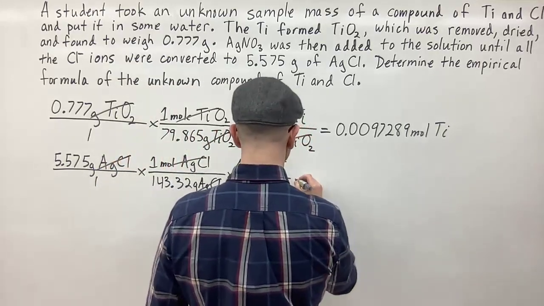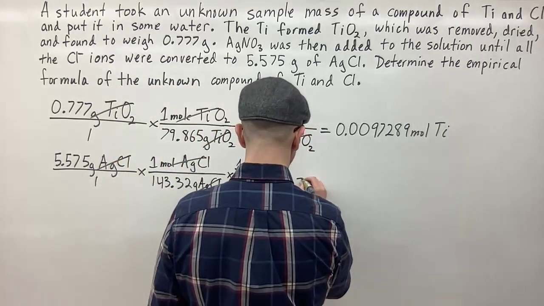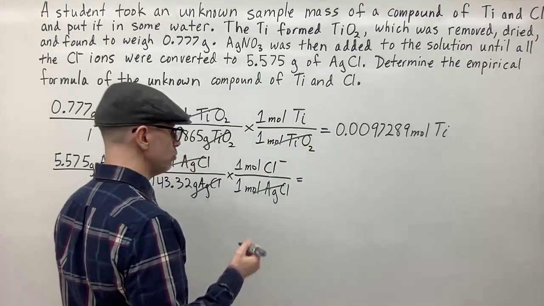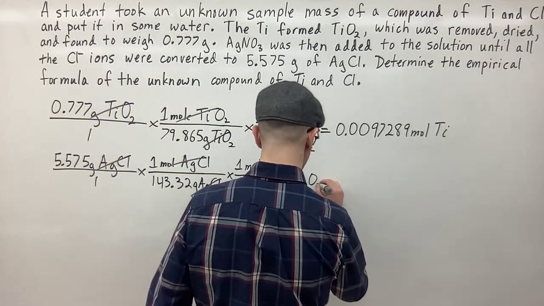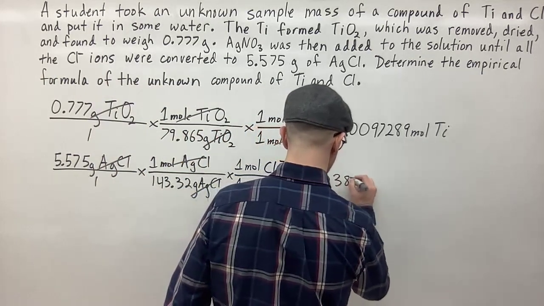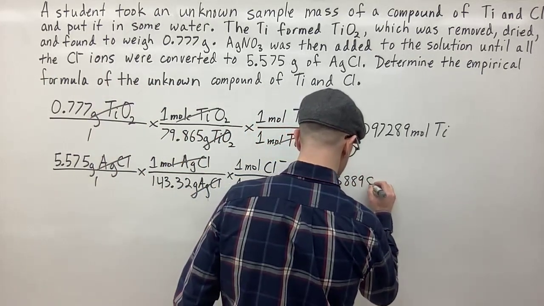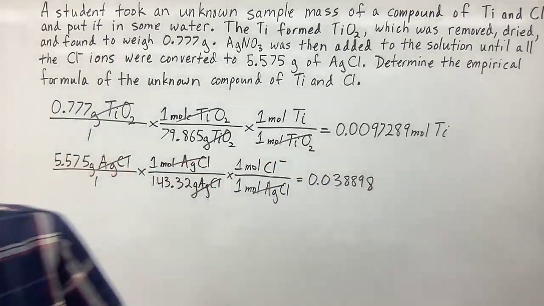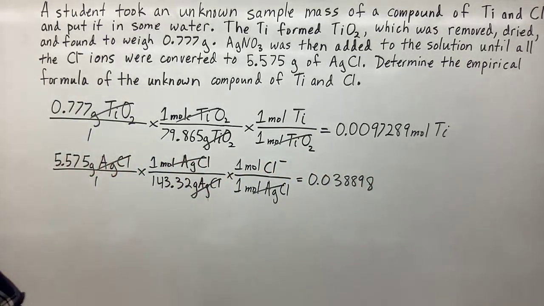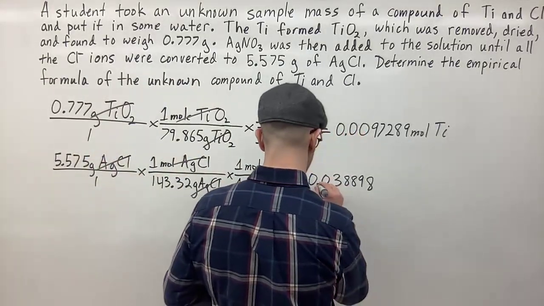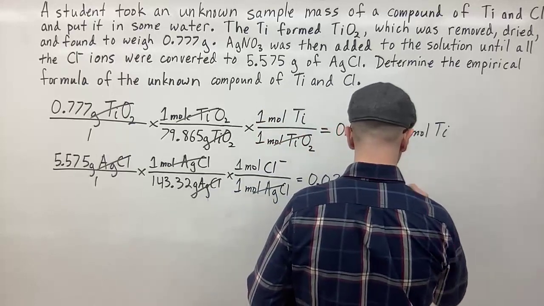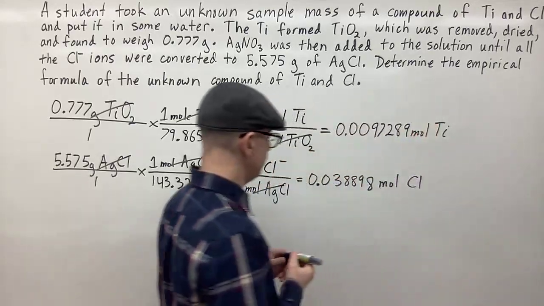And so when we calculate that out, it's going to be 0.038898. Let me double check that. 0.038898. And that's moles of chlorine.